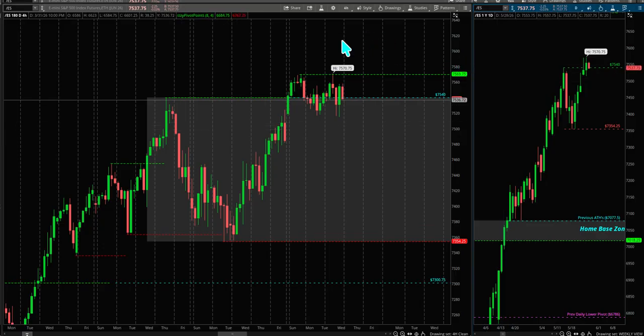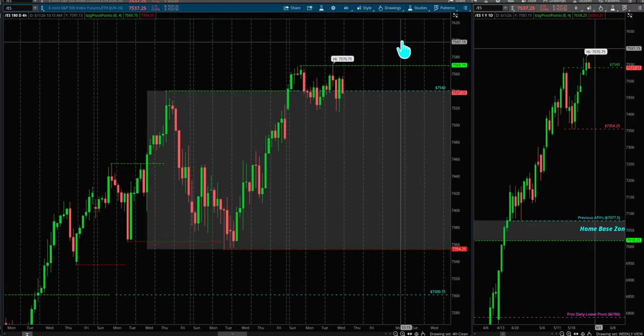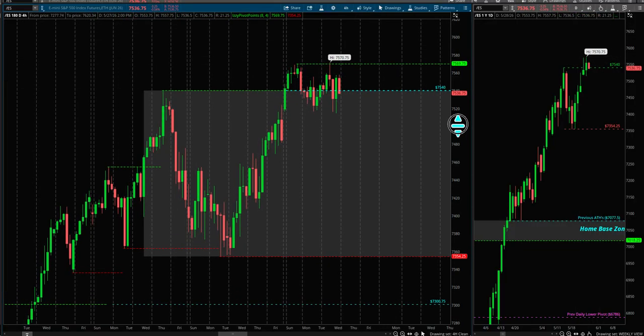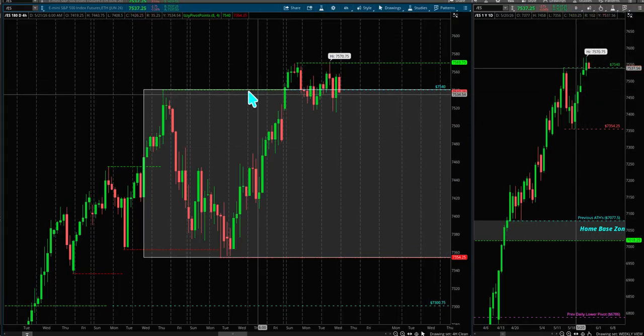And from knowing this, we jumped onto the 4-hour time frame. Slightly smaller time frame. And when we're looking at the 4-hour time frame, it's already giving us a potential range that we're working with.